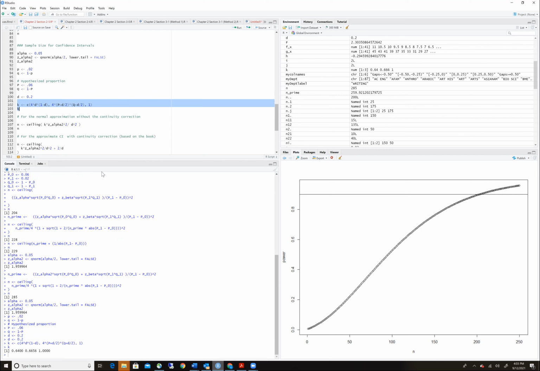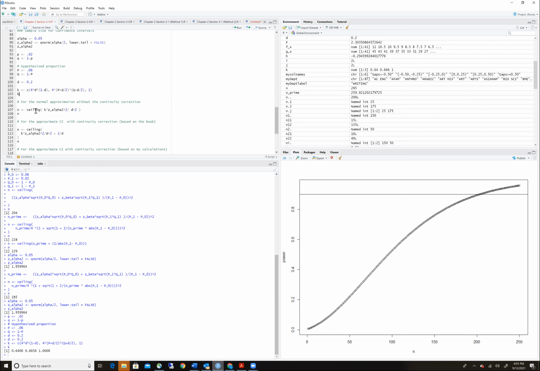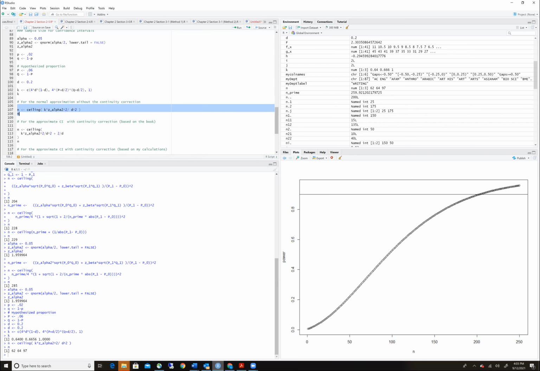But if you go back and you read the relationship of D, we're really going to be focused on this first K. But I just wanted to have all 3 in case you're in one of the other situations. All right, so once again, we're going to use the ceiling function for n because we want to round up. And in the book, it mentions that if we're doing something without the continuity correction, the sample size should just be the first term. And that's what we have here. Okay, so that would look like we need about 62 people.